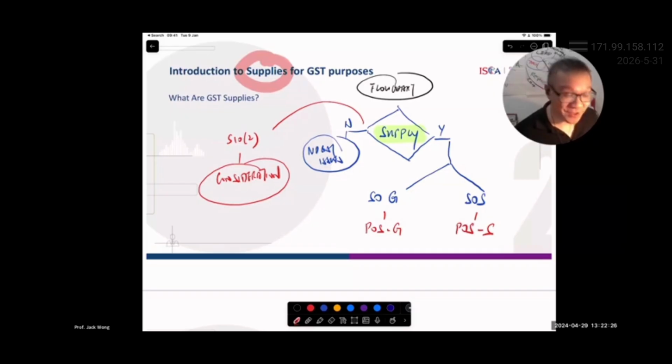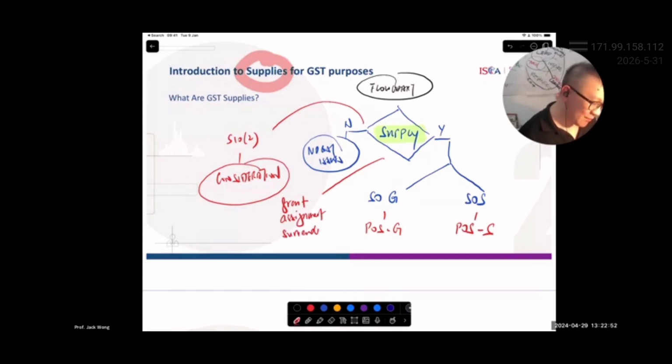What is consideration? Okay, and then the next thing to understand is this: the GST Act specifically looks at a couple of things that may constitute a supply for GST purposes. So, for example, a grant of the right, the assignment of the right, or even a surrender of the right, they are actually considered supply for GST purposes.